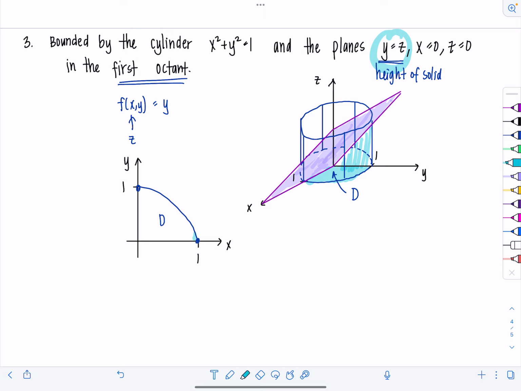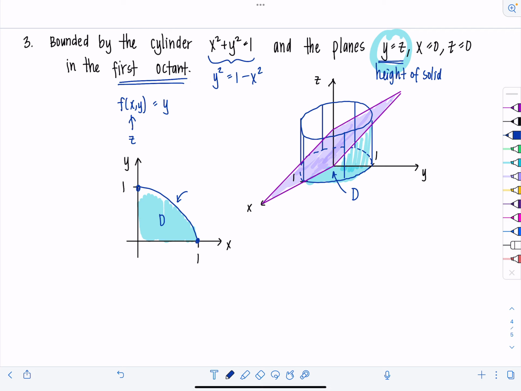So here, let me draw D. And we have to decide, do we want to bound it above and below or on the right and the left? And it really doesn't matter. I'll just do typically x on the outside, constant limits, y on the inside in terms of x. So since the equation for the circle is x squared plus y squared equals 1, that means y squared equals 1 minus x squared.